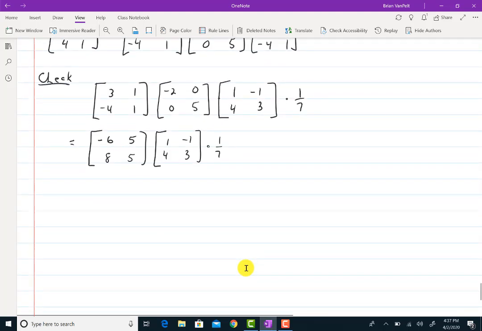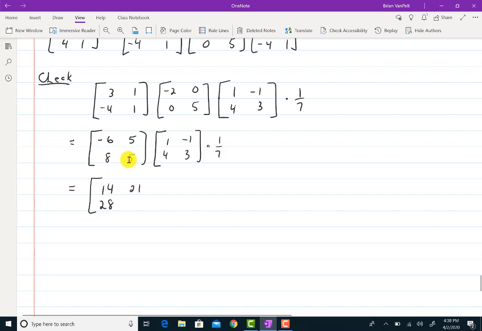All right, let me continue. Now, once again, negative 6, 5 matched up with 1, 4. I'll get negative 6 plus 20 will be 14. Then negative 6 times negative 1 will be positive 6. Plus 15 will be 21. 8 times 1 will be 8. Plus 20 will be 28.